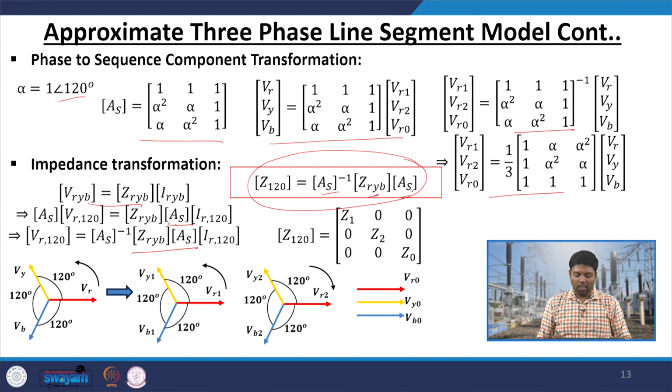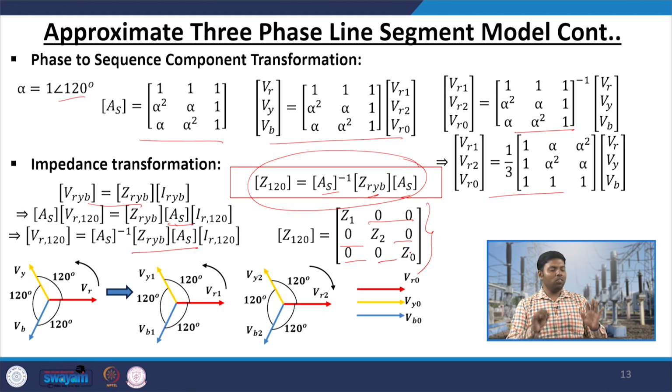If you calculate, then you will just get a diagonal matrix. That means you get rid of your off diagonal elements from your system, because generally in your system you have a mutual impedance, but if you convert that to the sequence component.